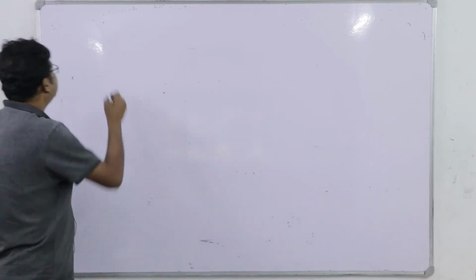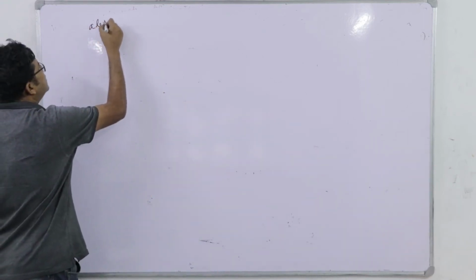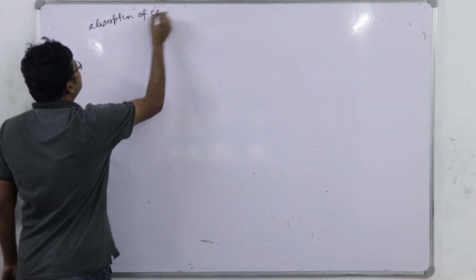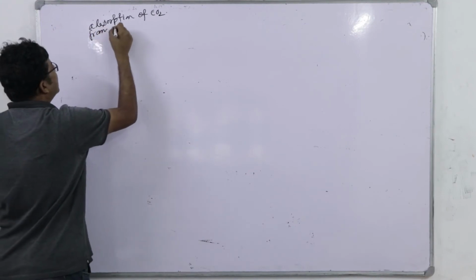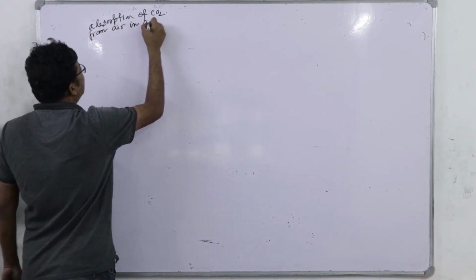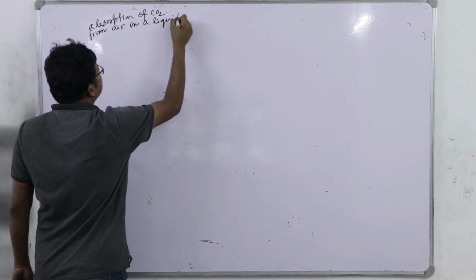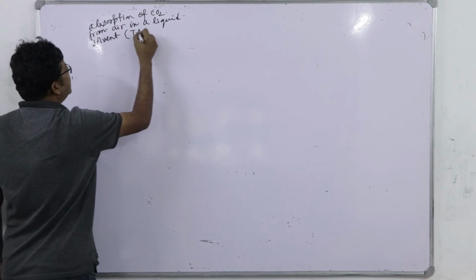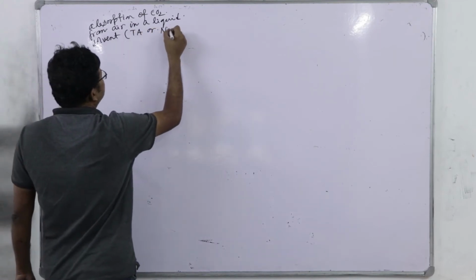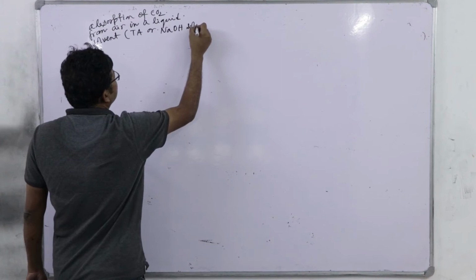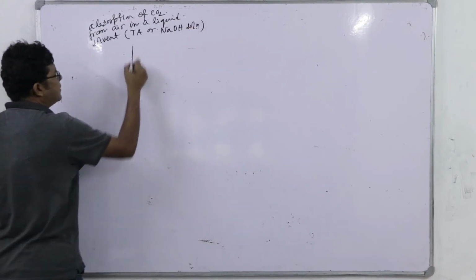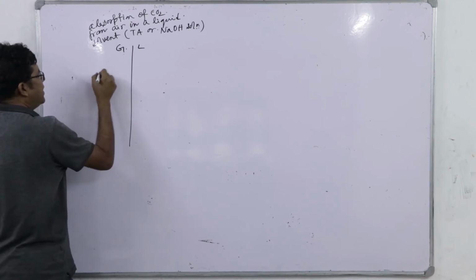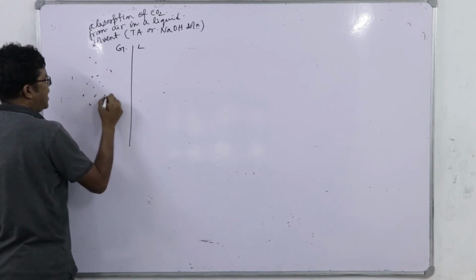Just at the interface, if you look, absorption of CO2 from air in a liquid solvent, tertiary amine or NaOH solution, whatever. So, here we have the interface, this is liquid, this is gas. Here we have carbon dioxide and air.